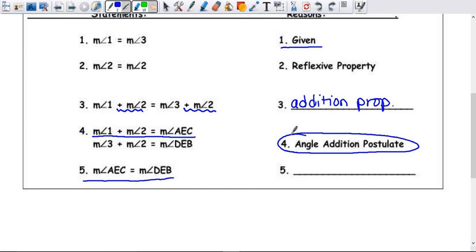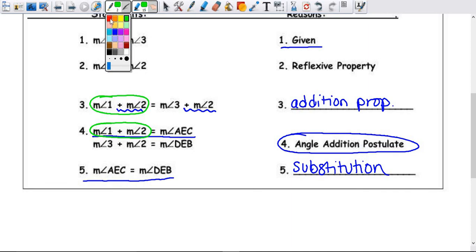And then we are left with the measure of angle AEC equals the measure of DEB by substitution. And this is by substitution because if we go ahead and look at statement number 3 here, measure of angle 1 plus measure of angle 2, and that is right here.